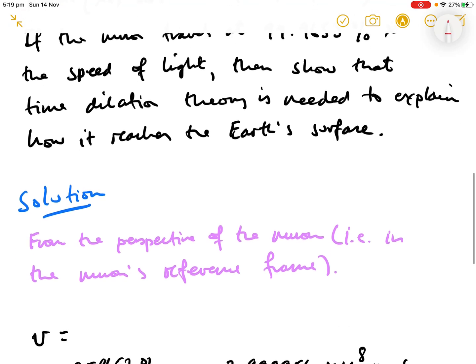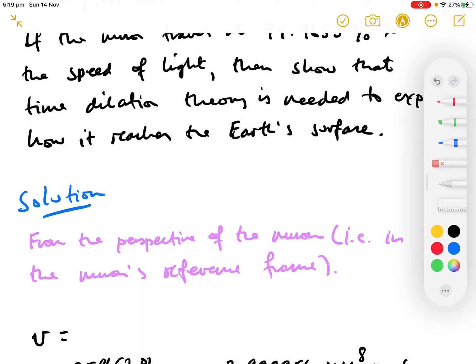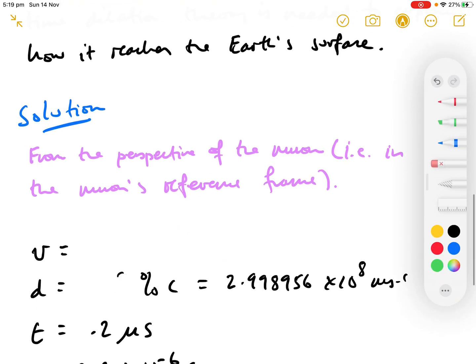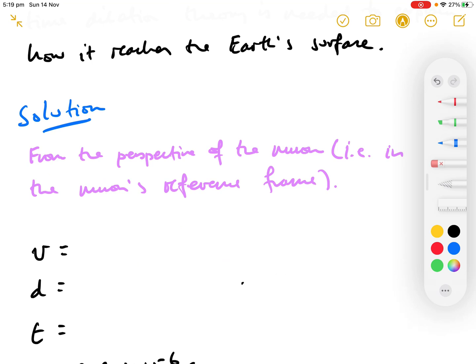So we're inside the muon's reference frame, looking at this from the perspective of the muon. Let me just clear something up down here before we go any further. So let's list our variables: speed, distance, and time.